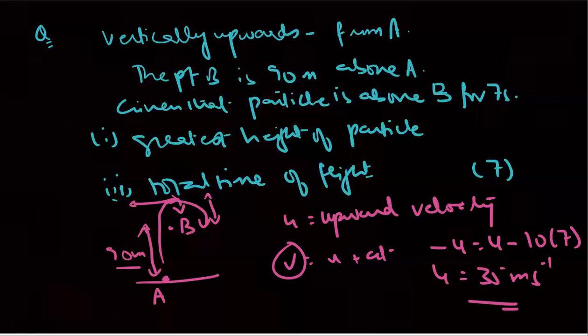It means that the initial velocity was 35 meters per second when it was thrown.